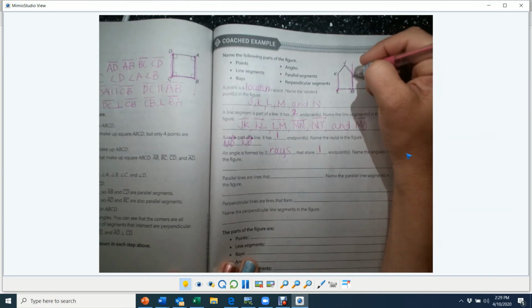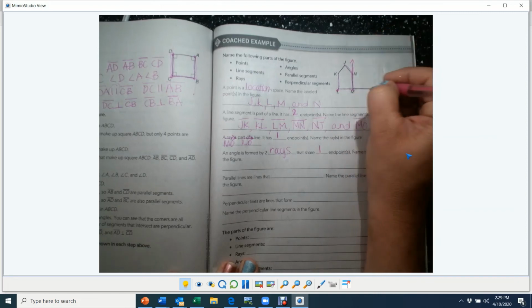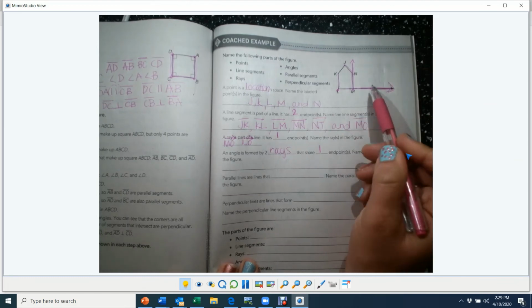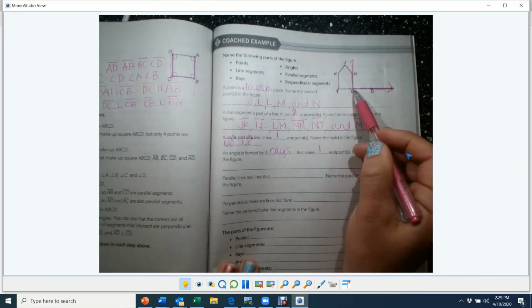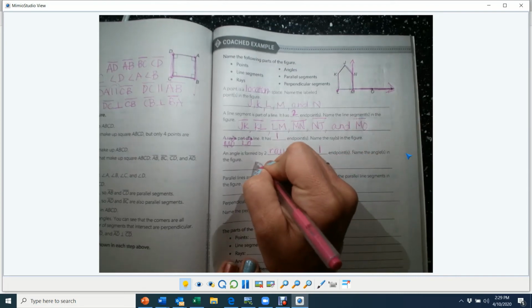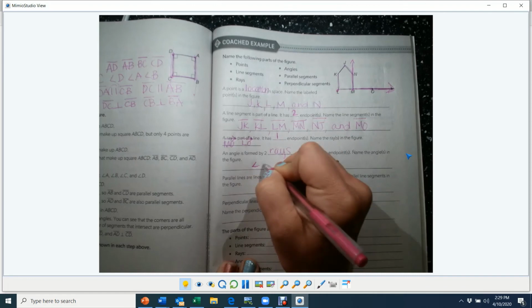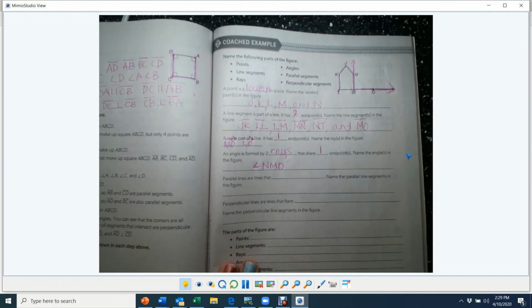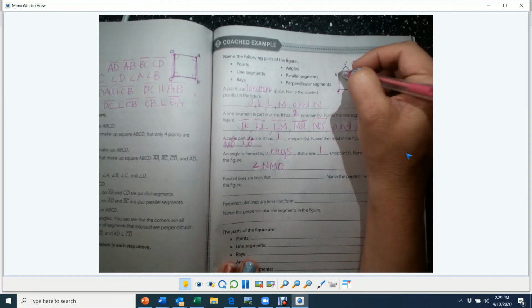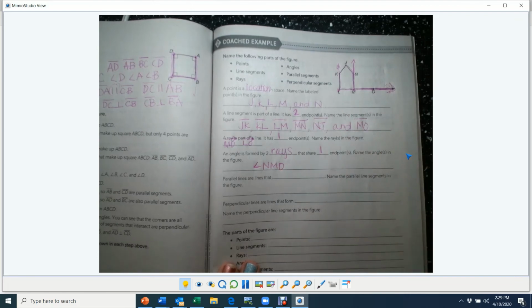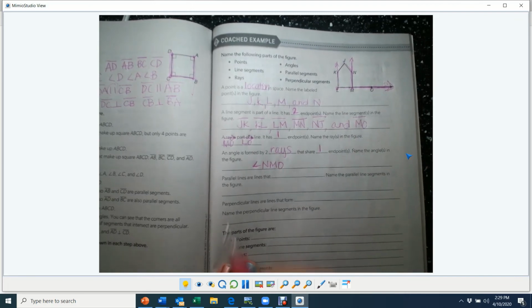If I were to extend this for you guys, that's an angle, and we can name it with N, M, and O because those are three points on the angle. So you're just going to do a little angle, N, M, and O. There are a ton more angles because, if we were to do this, there's an angle here. So if you want, you can go and find some more angles and name them in there.